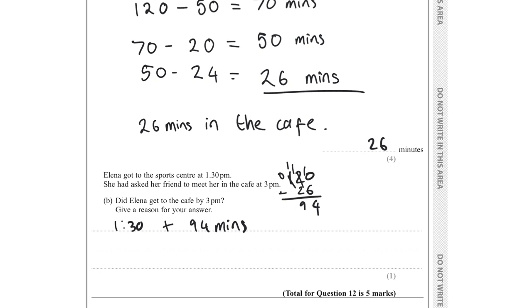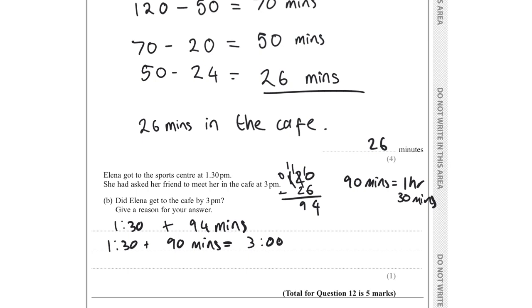90 minutes, to make it easier, 90 mins is 1 hour and a half. 1 hour 30 mins. So 1:30 plus 90 mins equals 3 o'clock.